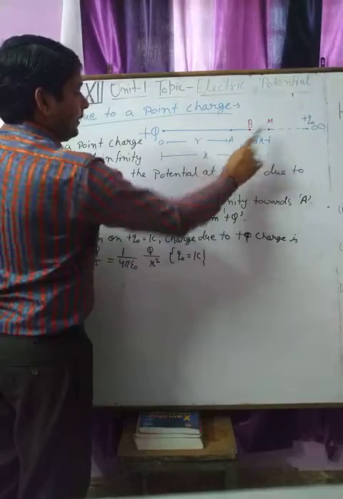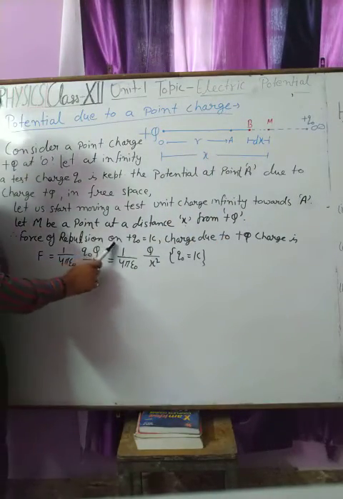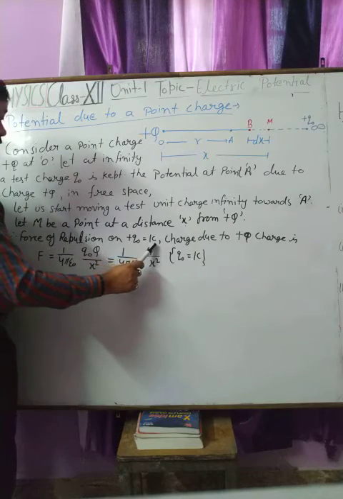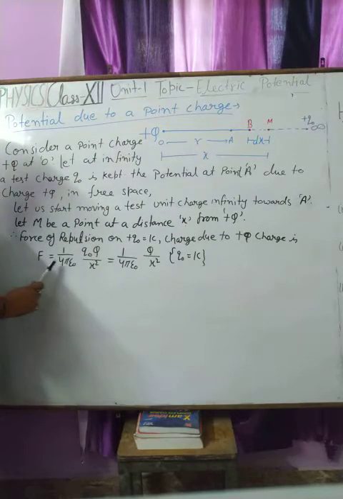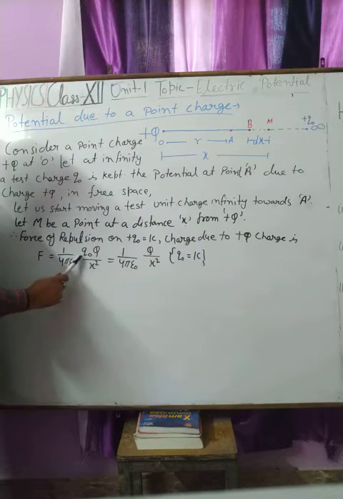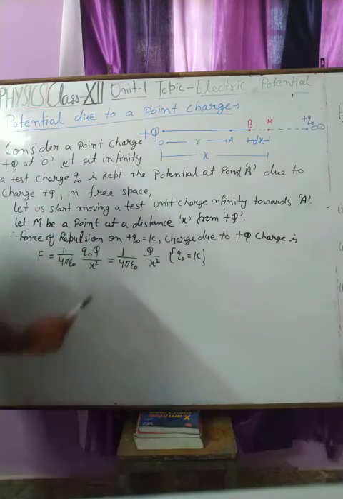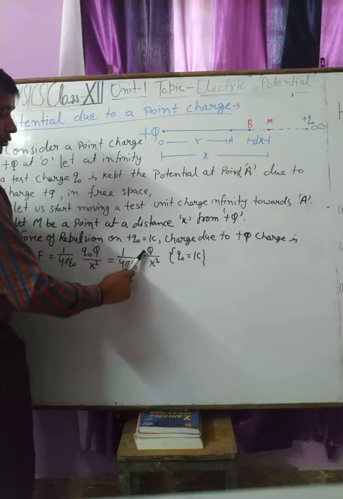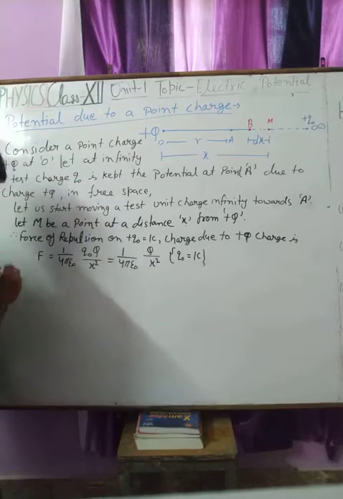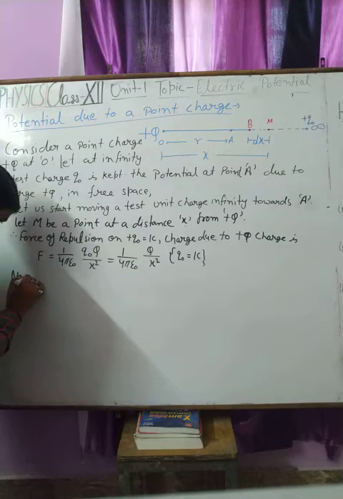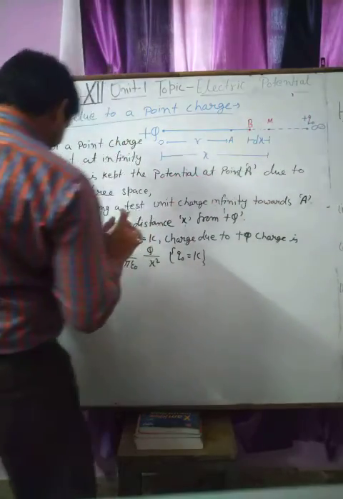A force of repulsion on the q naught charge of 1 coulomb due to charge q is given by F equal to 1 upon 4 pi epsilon naught q upon x square. Because q naught has value 1 coulomb, F is 1 upon 4 pi epsilon naught q upon x square. Okay student, now the small work done from point M to B.